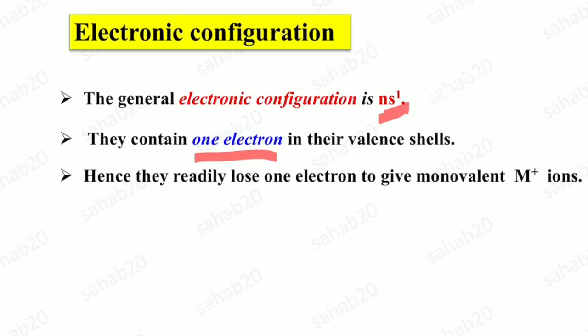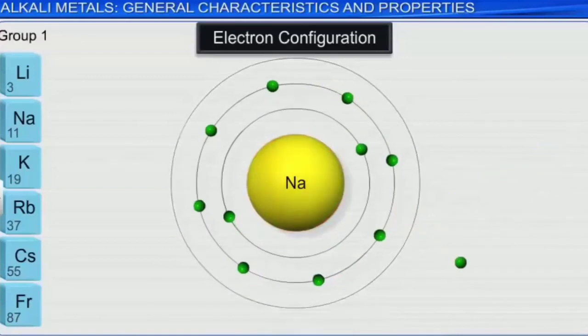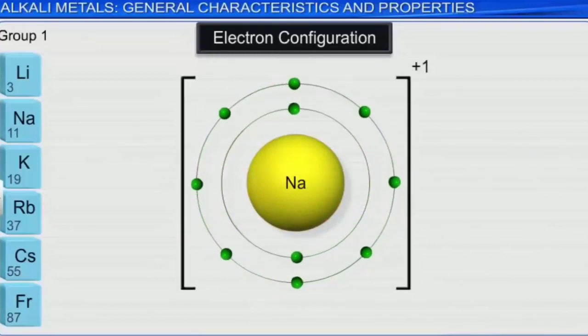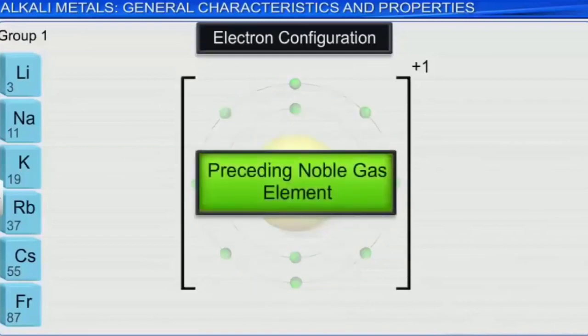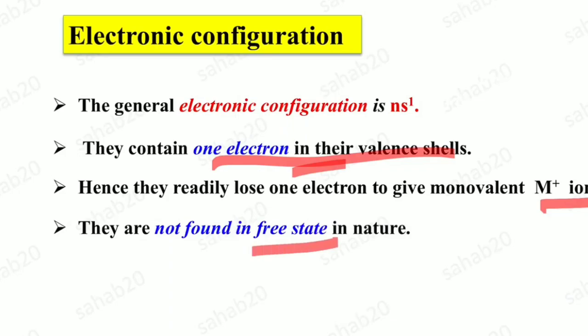Since all the alkali metals contain 1 electron in their valence shell, and after losing this electron, they attain noble gas configuration, hence they readily lose that electron. That means all the alkali metals are highly reactive. Therefore, alkali metals normally do not exist in free state.